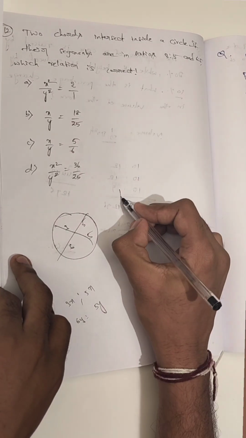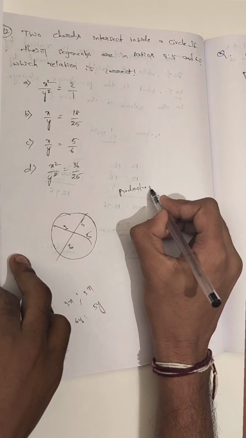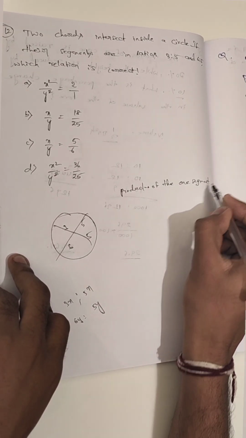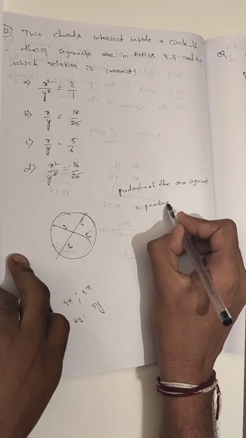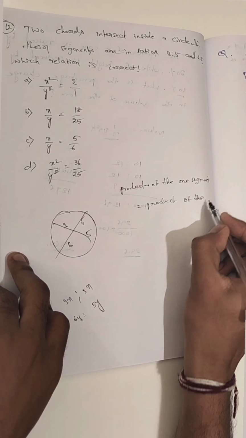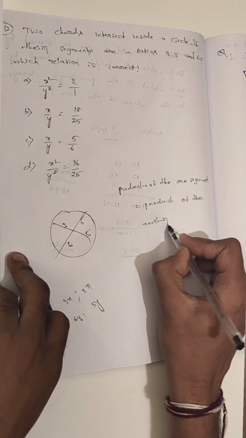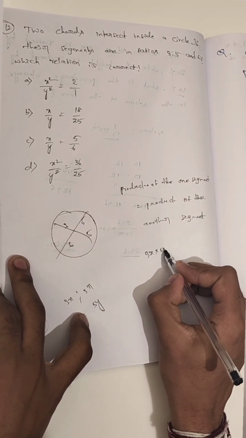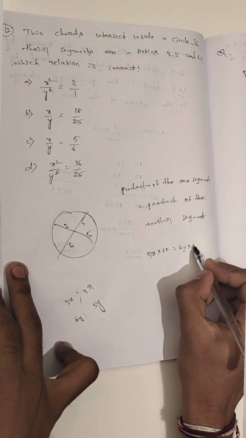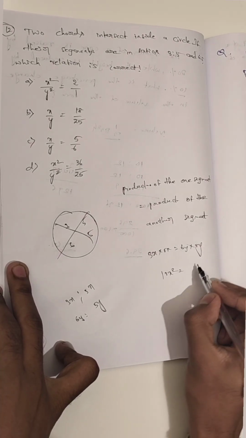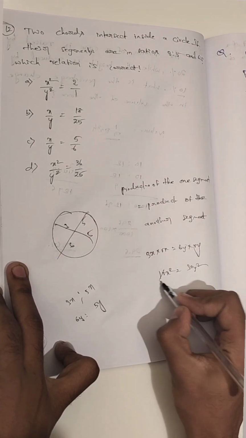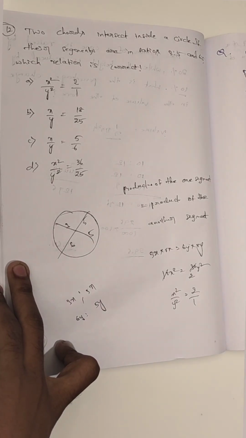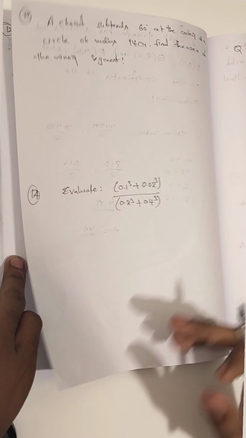As we know that product of the one segment equals to product of the another segment. That means 3x into 5x equals to 6y into 5y. 15x square equals to 30y square. 2 times x square by y square equals to 2 by 1. A is the answer for this question.